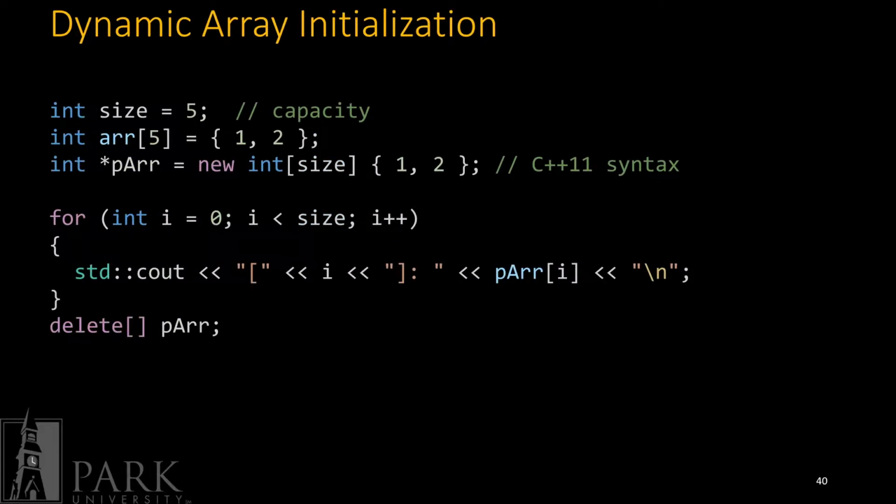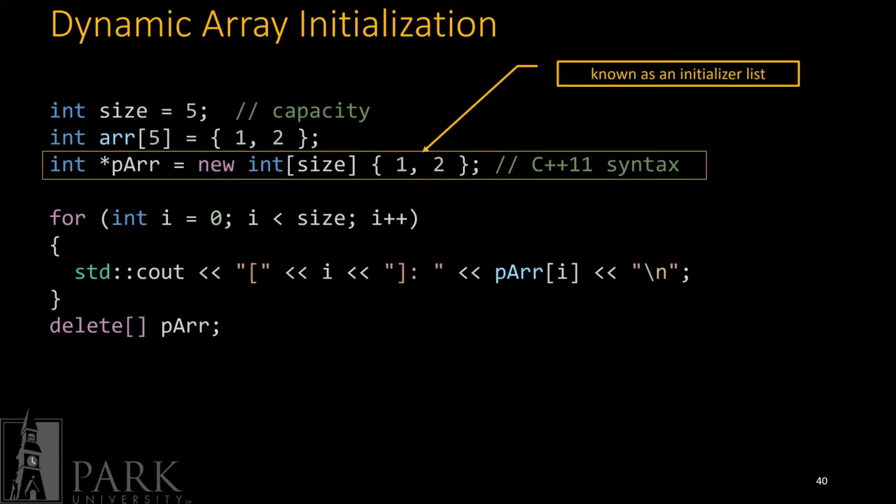The C++11 standard adds a convenient way to initialize a dynamic array using an initializer list. This is the same style used for initialization of a statically allocated array, except we declare it as an int pointer using the keyword new. Note that there is no equal sign or assignment between the list and the array like there is in the static allocation.